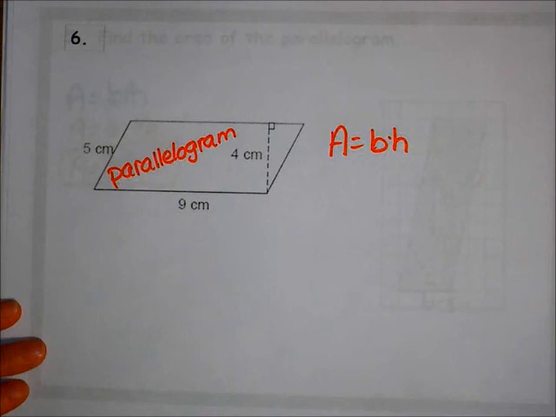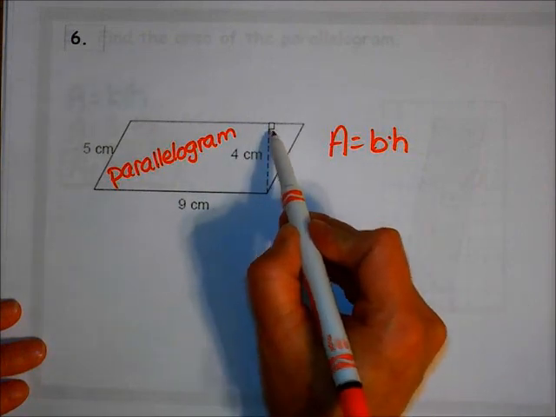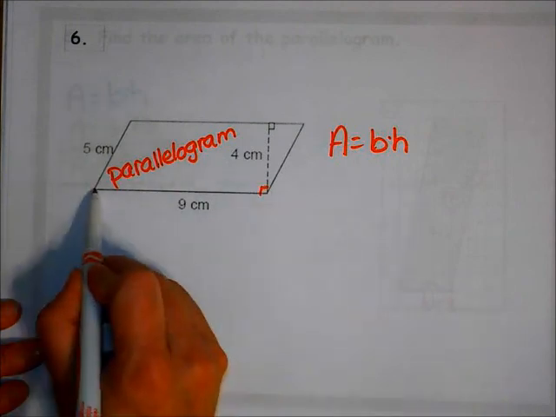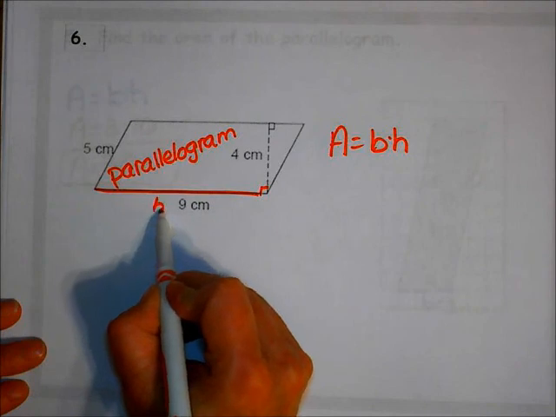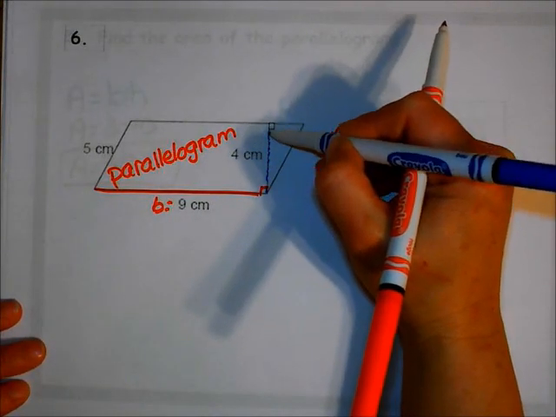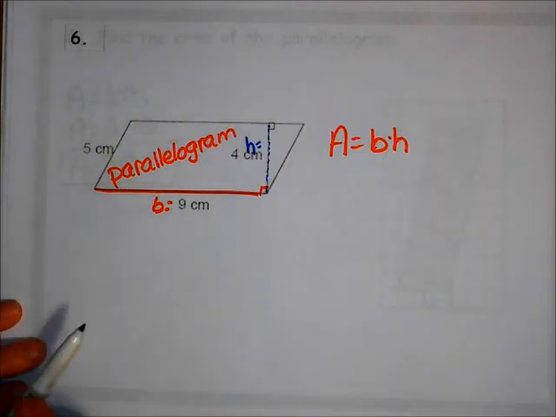Now remember, your base and height always meet at a 90-degree angle. Here's a 90-degree angle, and I can also move it down here if I want. So my base is going to be 9. My height is where it's standing up tall and straight, which is my dotted line here. So my height is 4.